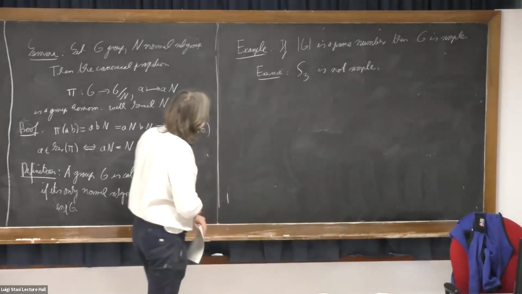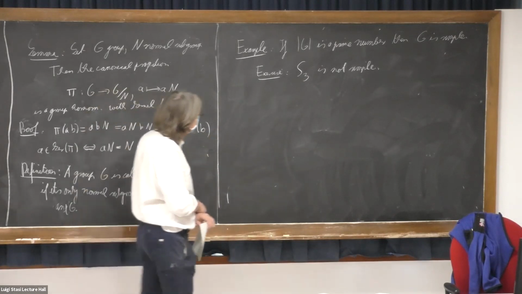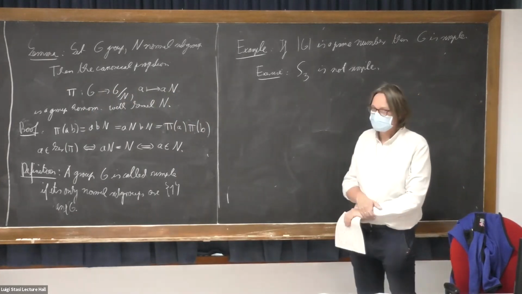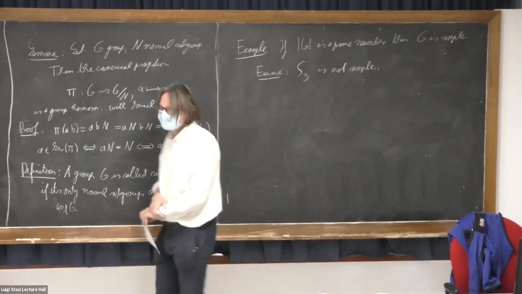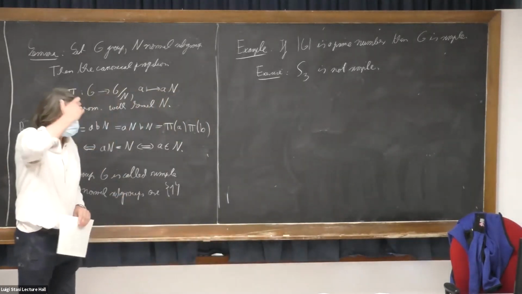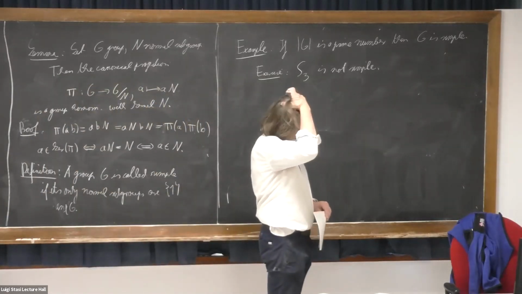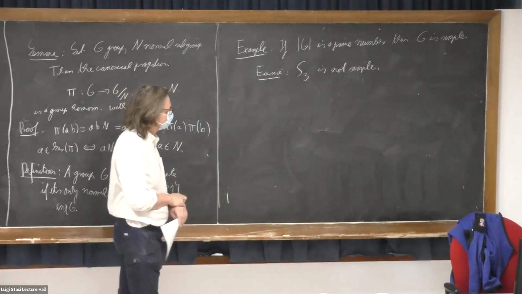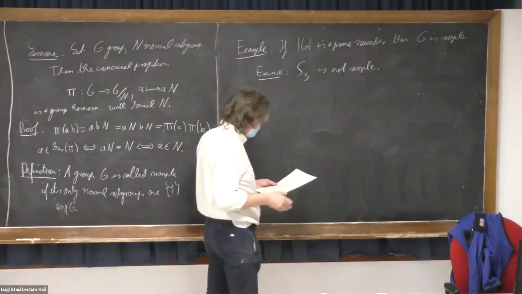Namely, one should check what the normal subgroup is. A2 is a normal subgroup, the alternating group. Yeah, that's true. I haven't introduced the alternating subgroup, but as you know, this is the case. It would be, in other words, the cyclic permutations, where you send 1 to 2, 2 to 3, 3 to 1, or similar.